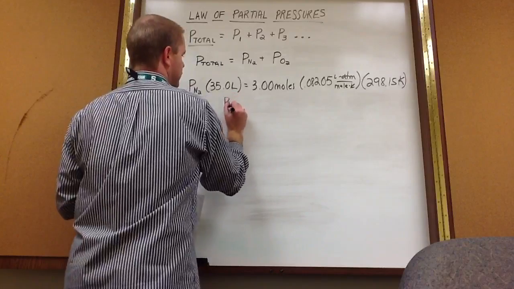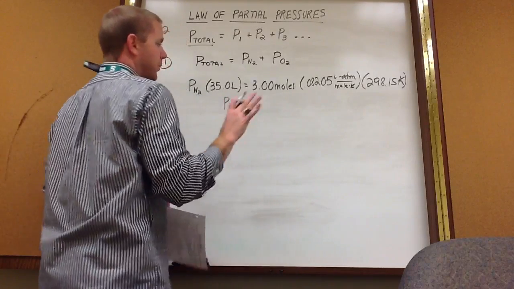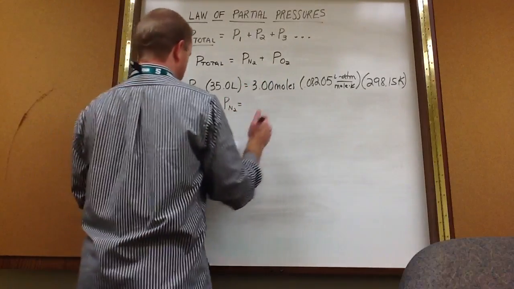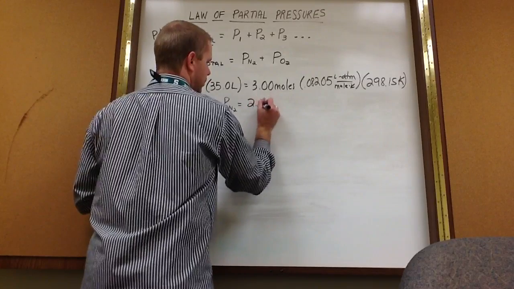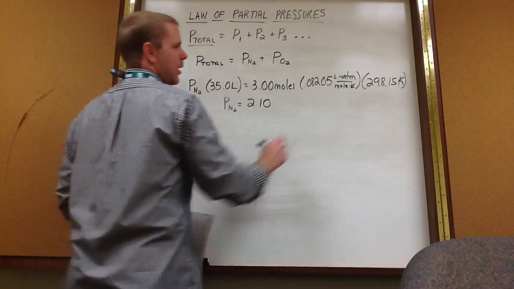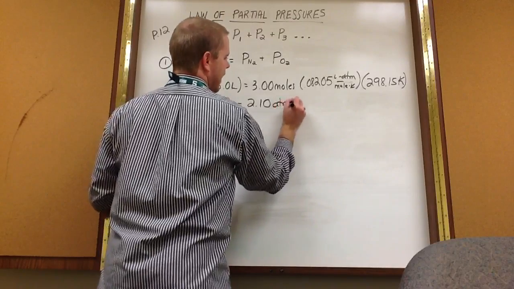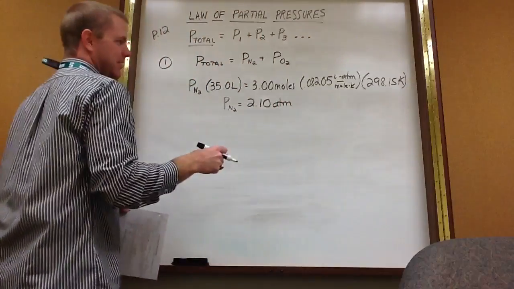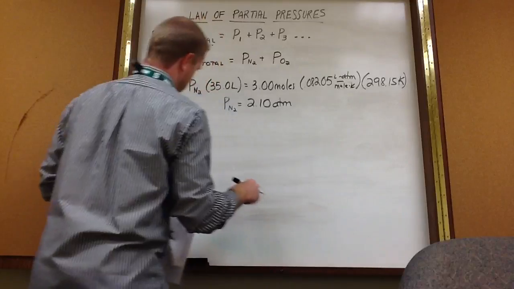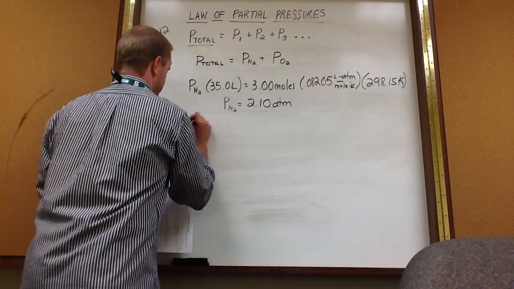So my pressure of N2 with 3 significant figures is 2.10. Now, the pressure's in atm. That's a problem for us later on, because I want the final answer in pascals. But we'll deal with that in a minute.